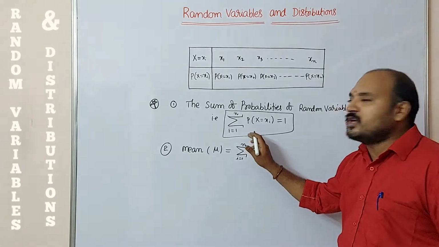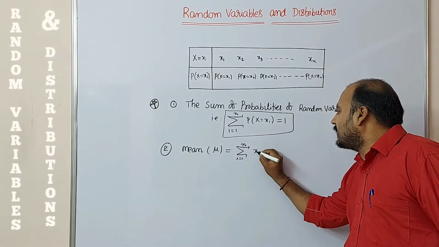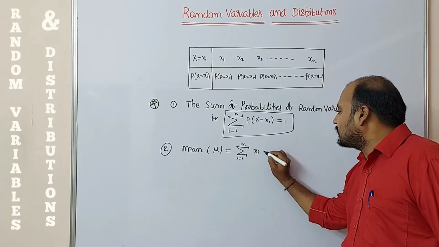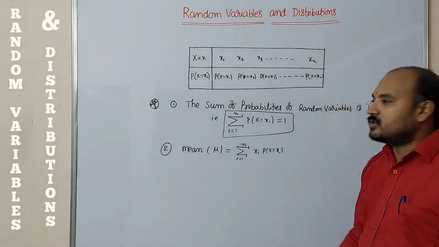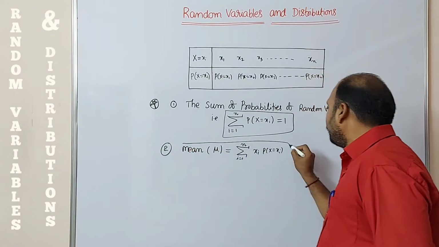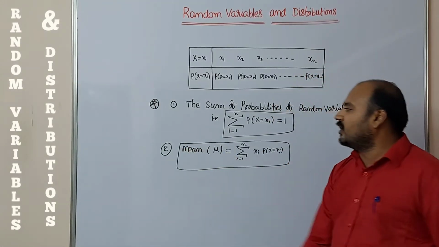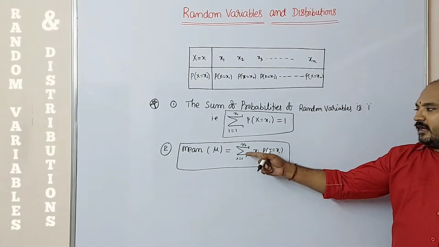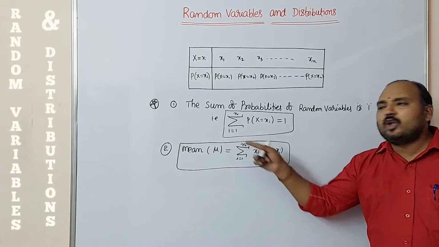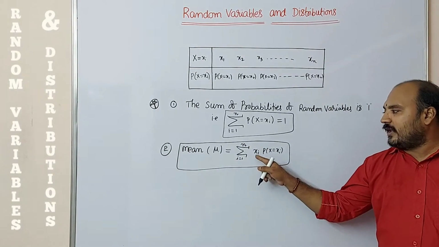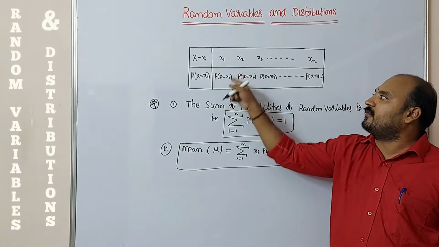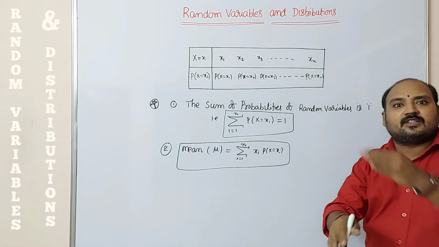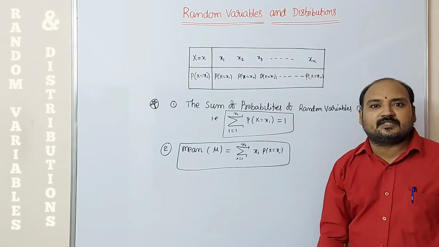So i is equal to 1 to n, xi into P of x is equal to xi. This is called the mean of the random variable. Suppose 5 are there, i is equal to 1 to 5, you write xi into P of x is equal to xi, the sum of the product of these random variables with their respective probabilities.